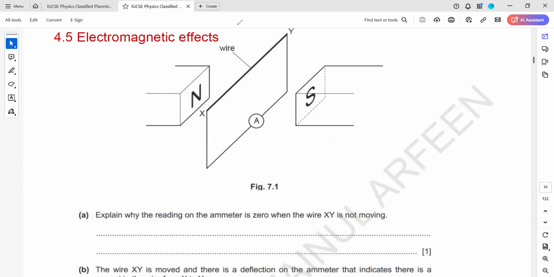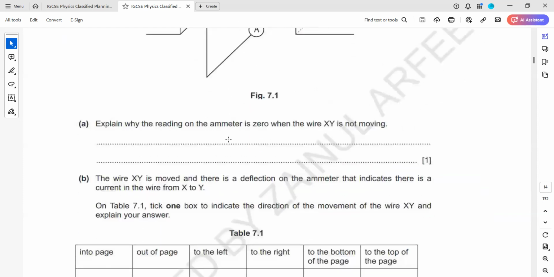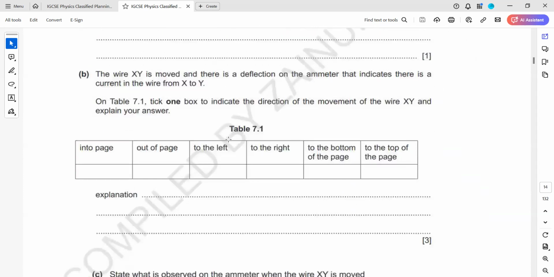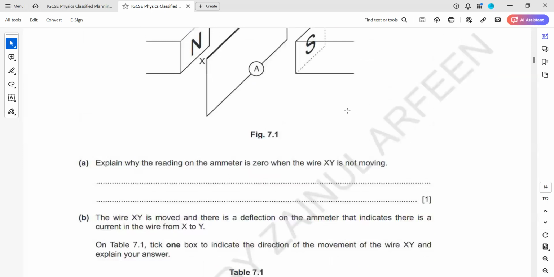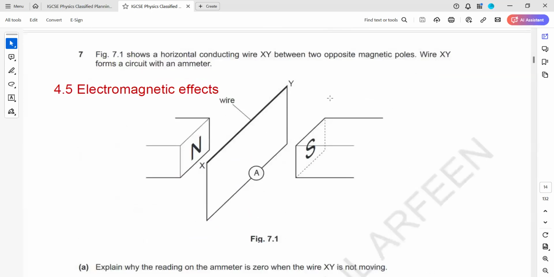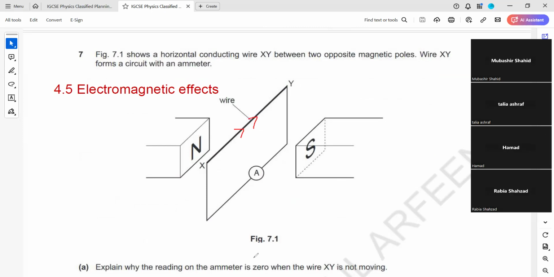You can use chat, you can use mic or screen annotation to answer. The wire is moved. There's a deflection on the ammeter that indicates there's a current from X to Y. So on a tick table, we have to state the movement of XY and explain your answer. In the question, they mention the current is from X to Y and we have to use the right hand rule.